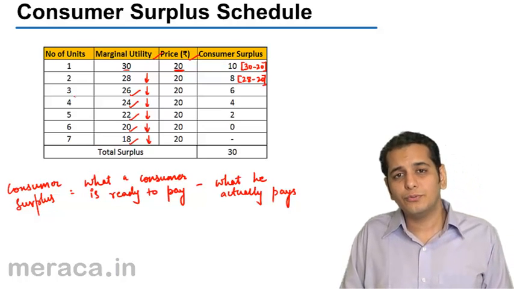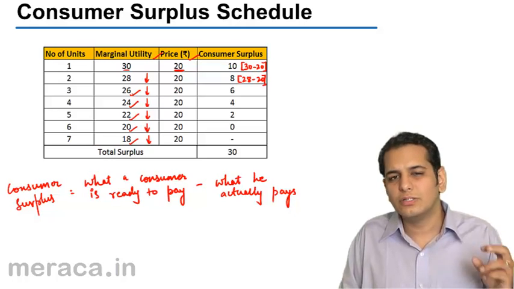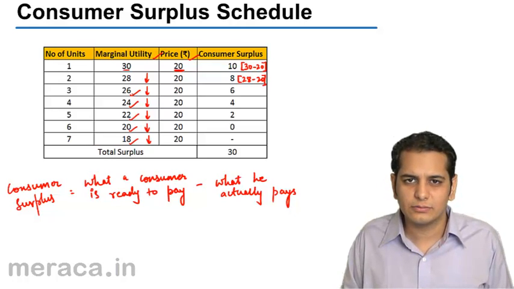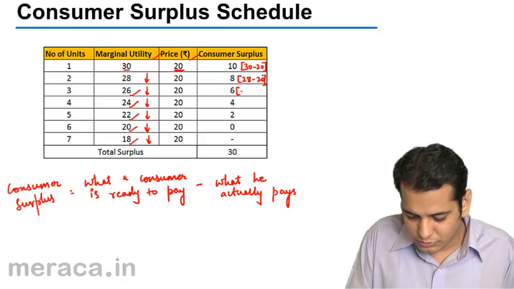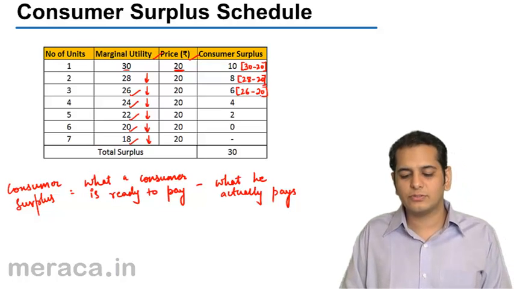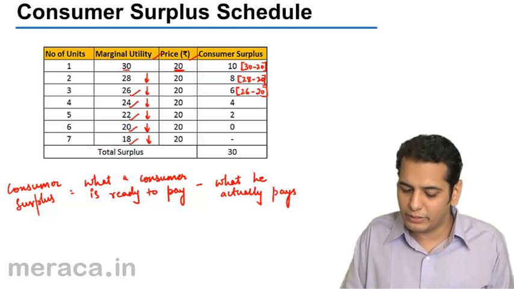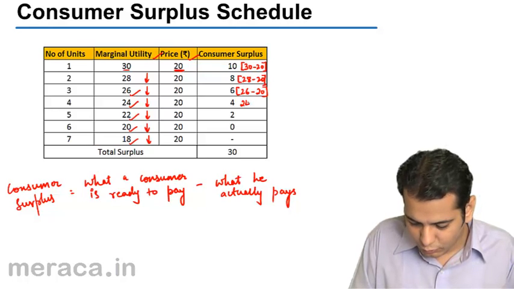At the third unit consumption, he derives a utility of 26. So at the third unit, the consumer surplus would be 26 minus 20. Likewise, at the fourth unit, it will be 24 minus 20.